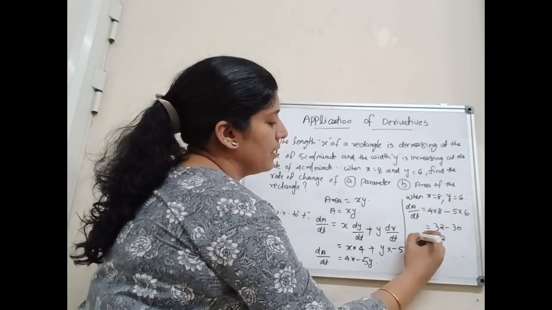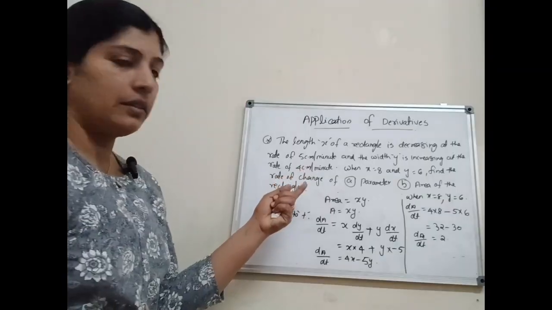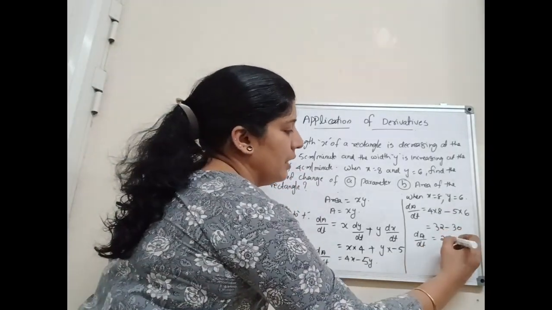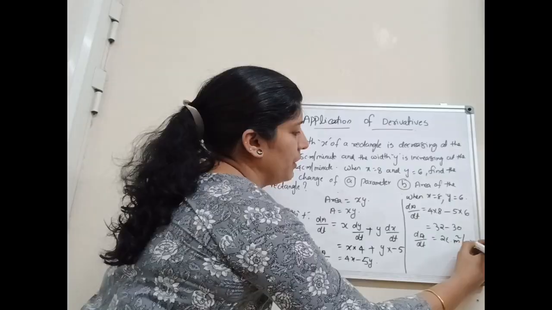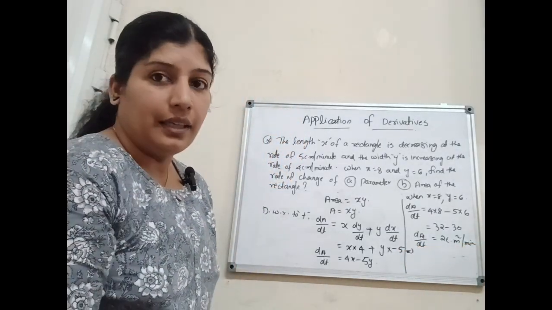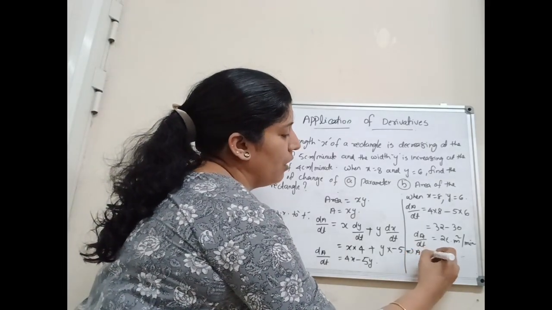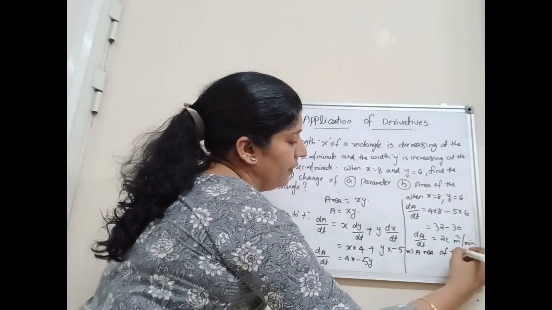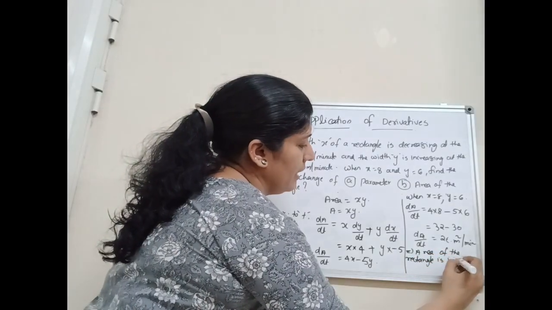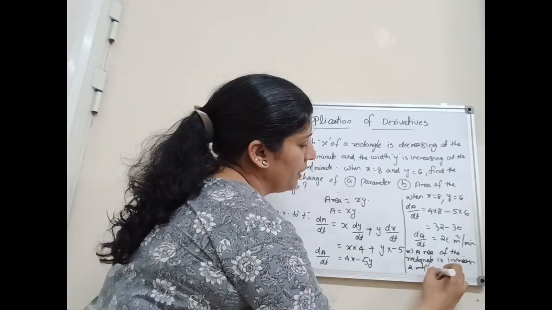That is, the rate of change of area with respect to time t is equal to 2 centimeter square per minute. That means the area of the rectangle is increasing 2 centimeter square per minute.